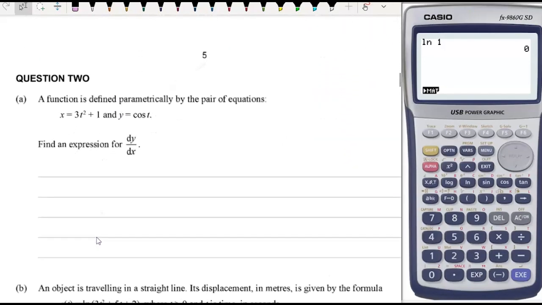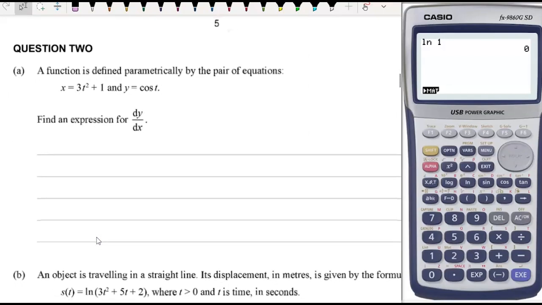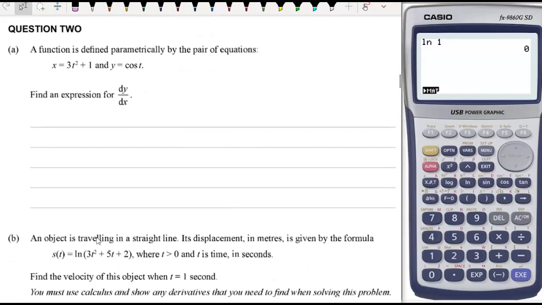On to question 2 now. Okay, we've got a parametric set of equations, and we need to differentiate to find dy by dx.